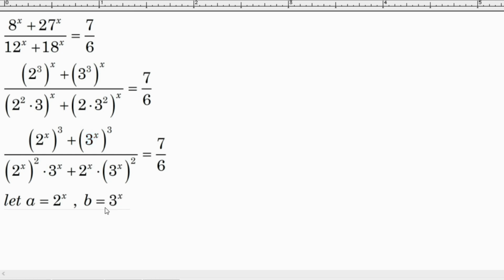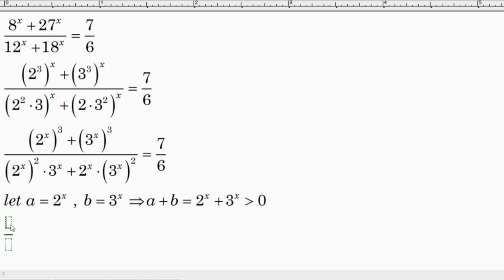Alright, so then a plus b is equal to 2 to the power x plus 3 to the power x, which is greater than 0. Okay, alright, so now we can substitute a and b into this equation.